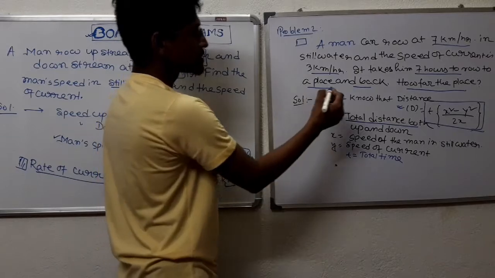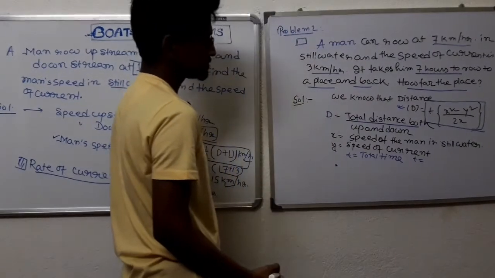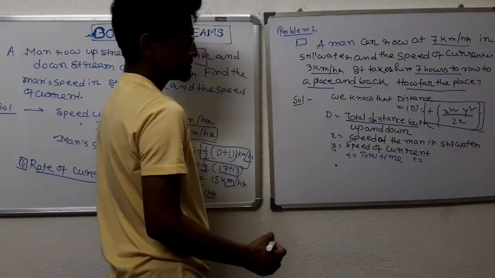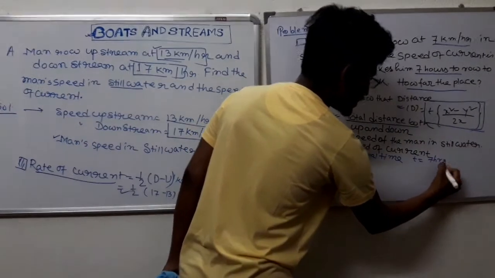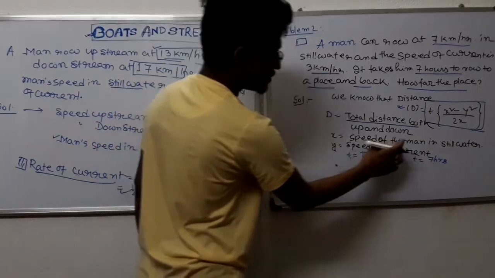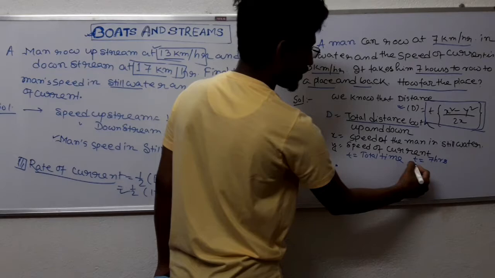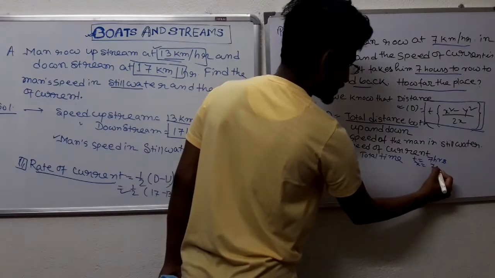Here t equals 7 hours. x is the speed of the man in still water. A man can row 7 km per hour, so x equals 7 km per hour.